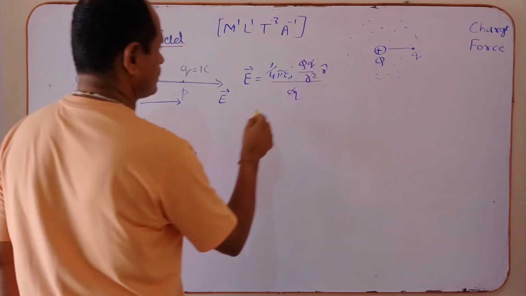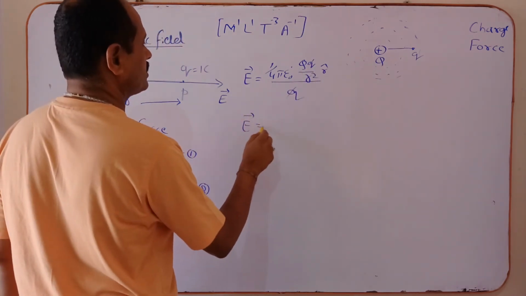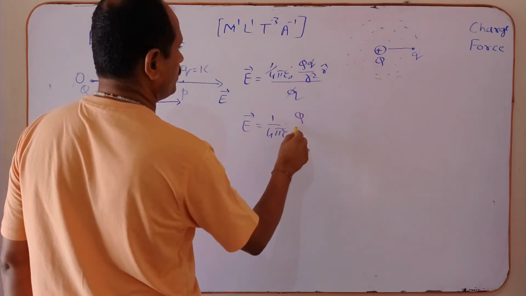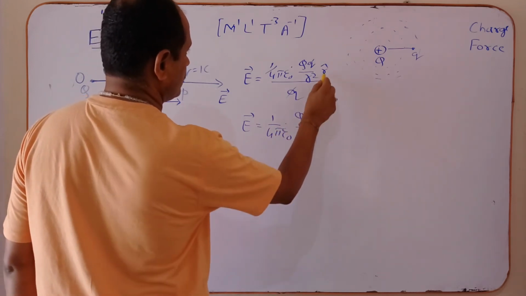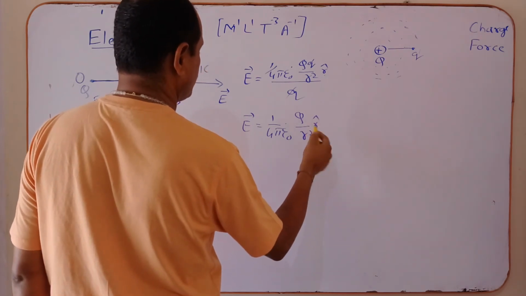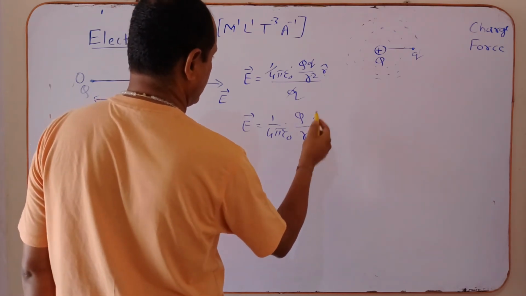q gets cancelled. What you get here: electric field is equal to 1 by 4 pi epsilon naught, Q divided by r square. Instead of r cap, you write the unit vector n cap.